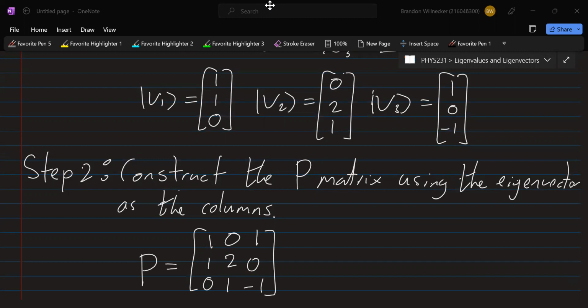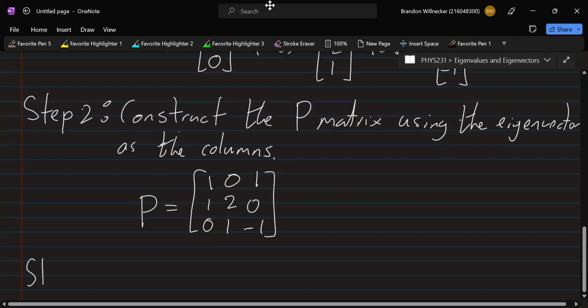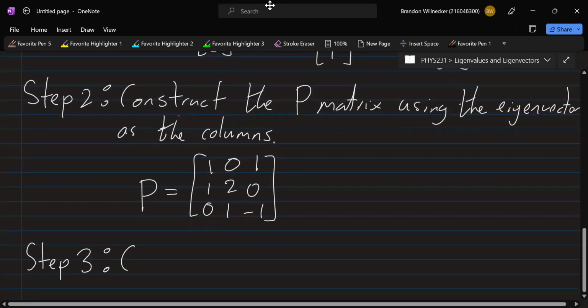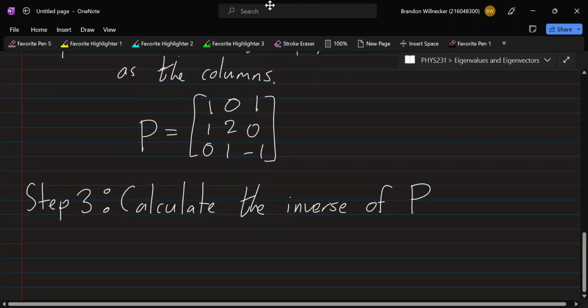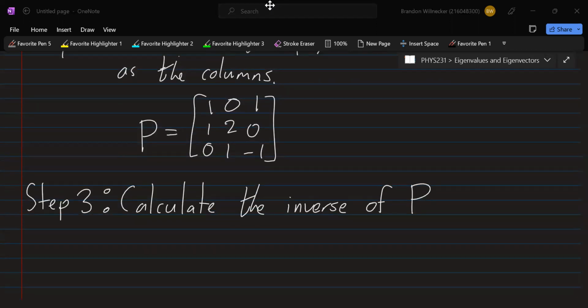Once we have P, we then need to calculate the inverse of P. That's step 3: calculate the inverse of P. It's a 3 by 3, so it's not too easy, but not too difficult either.